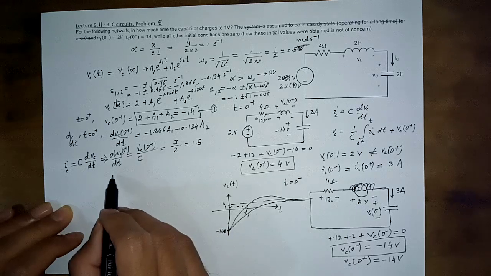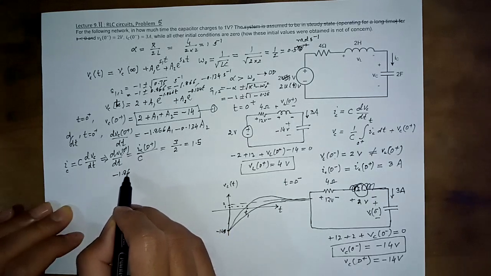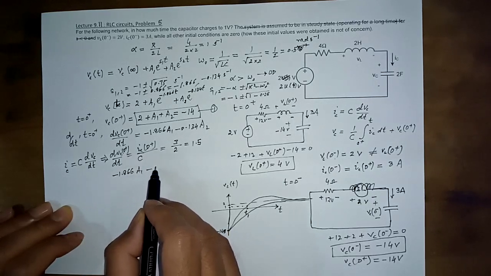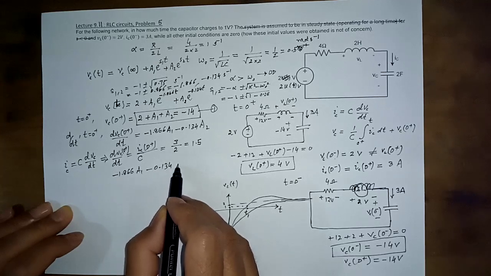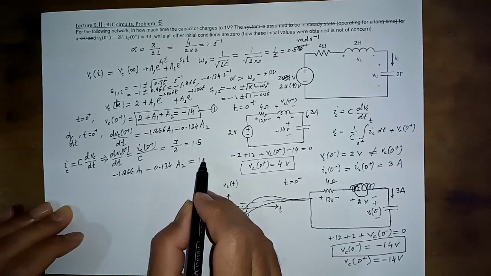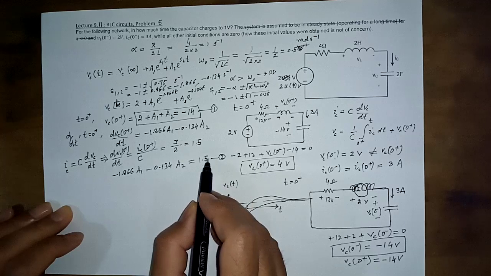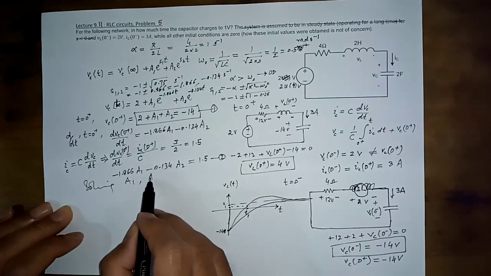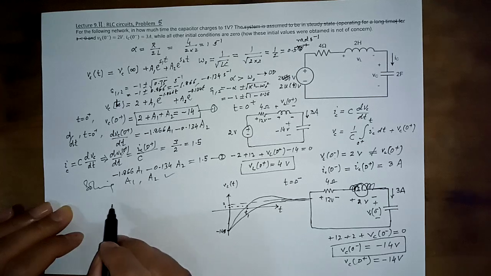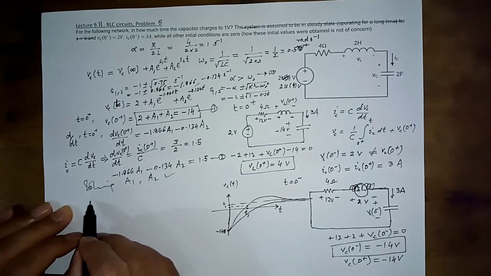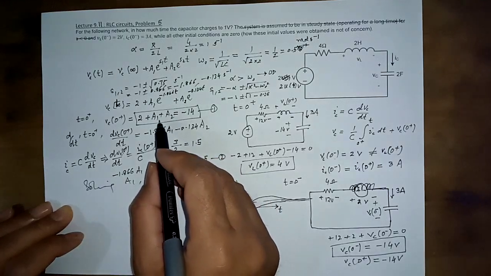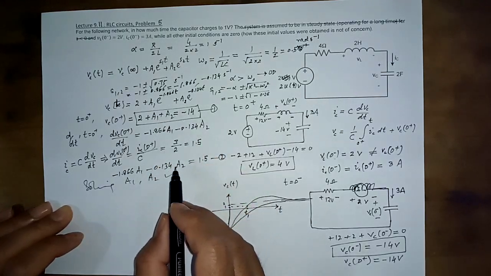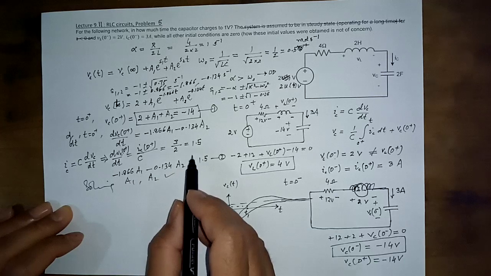So what do we get here? Minus 1.866 A1 minus 0.134 A2 is equal to 1.5 is the second equation. Solving both gives us A1 and A2, and then we can find the expression. A1 plus A2 is minus 16, and you can solve this.